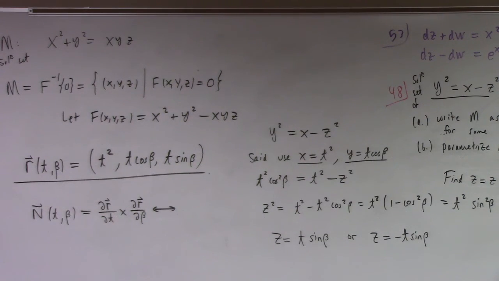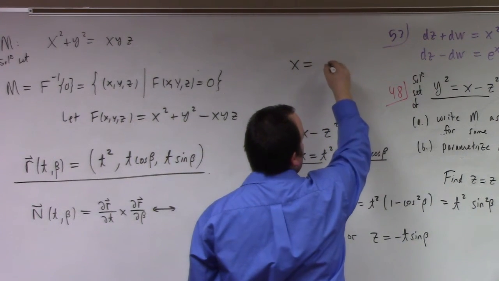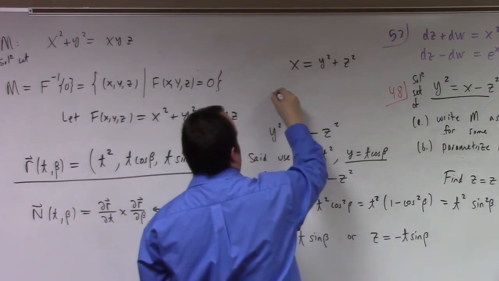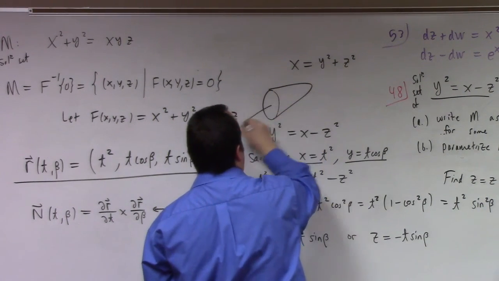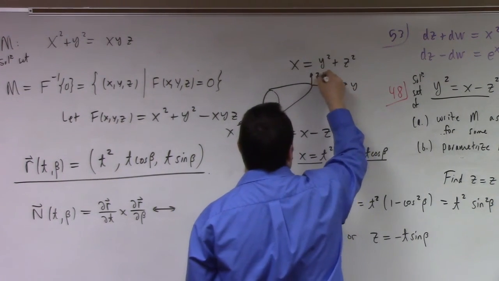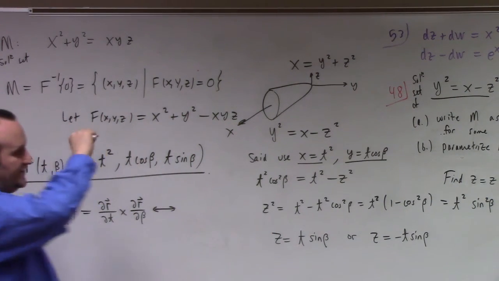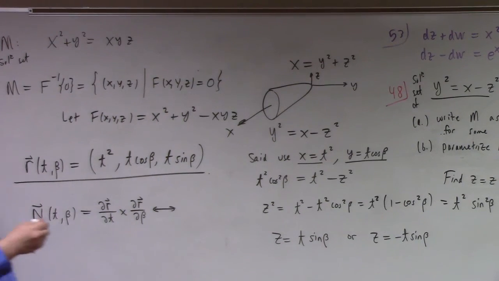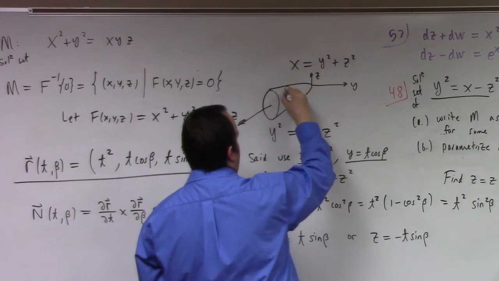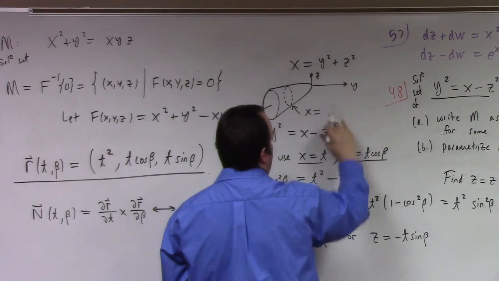What does this thing look like anyway, guys? This is just x equals y squared plus z squared. So what you're looking at is basically a paraboloid that goes out along the x-axis like that, and beta is swinging around. If you give me a particular value for t, that gives a circle. That would be x equals the square root of t. Oh, excuse me, I'm an idiot: x equals t squared.